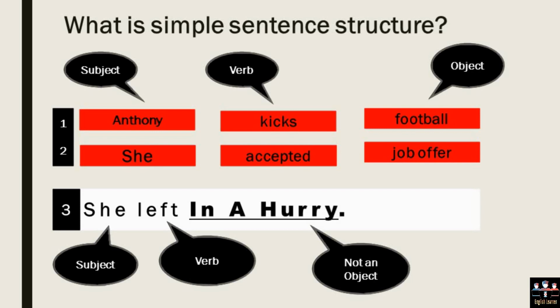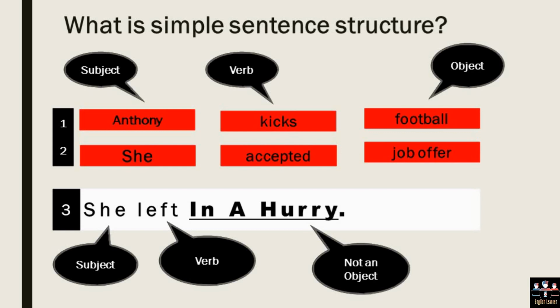Let me tell you that the subject is the person or the noun or pronoun which is performing an action, or in simple words you may say the subject is the doer of an action, whereas the verb is the action, something which is performed or done by the subject. Whereas the object is the receiver of an action. And in the object place we may also have a noun or a pronoun. Majority of the time we have a pronoun in the object place.